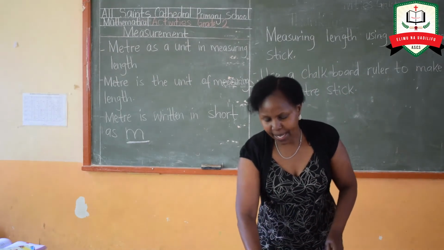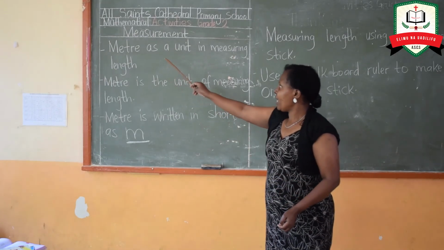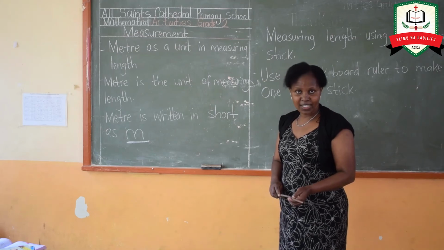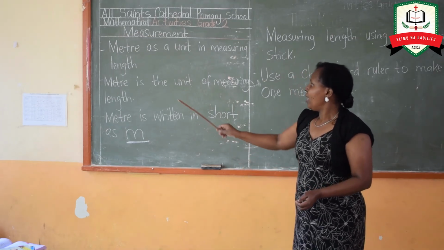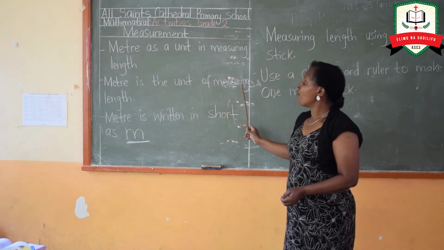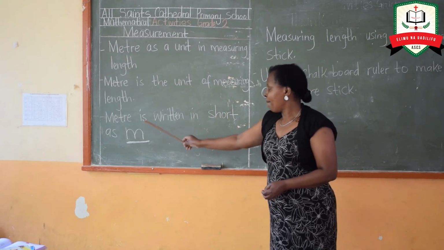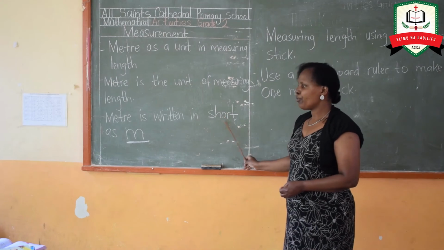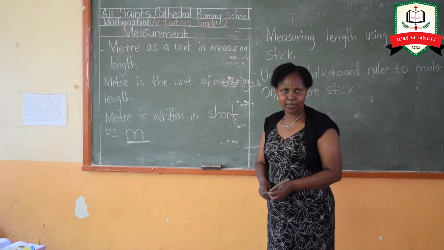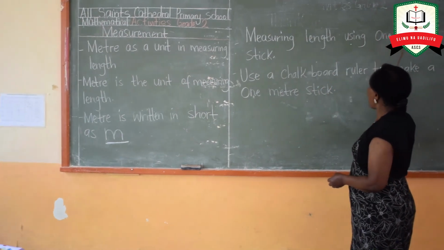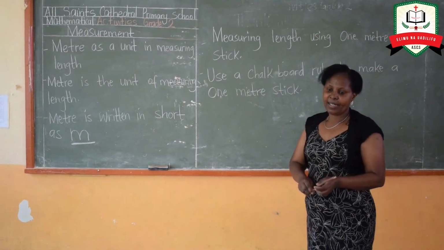I'll finish by saying meter is a unit in measuring length. Okay, boys and girls? Meter is the unit of measuring length. Meter is written in short form as m. Okay? And I've said measuring length using 1 meter stick.